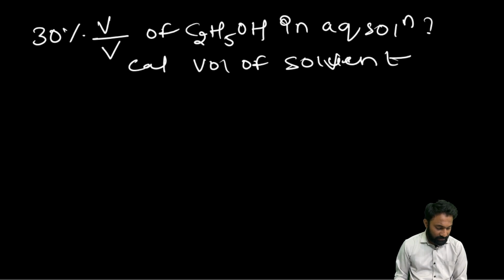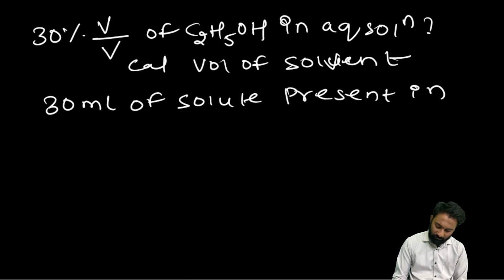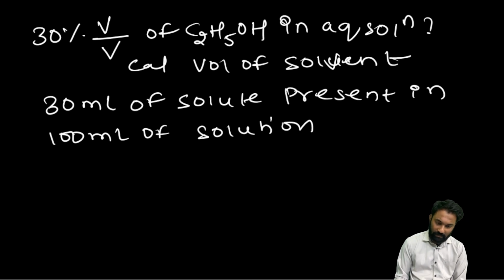What does it represent? It represents 30 ml of solute present in 100 ml of solution. Clear?